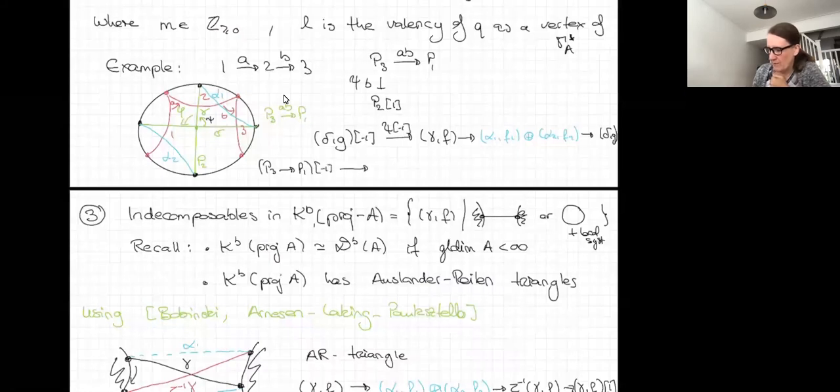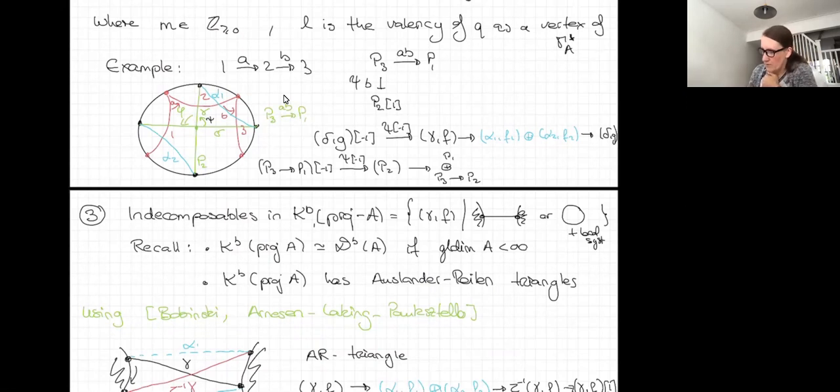Then you get our map psi -1, which is given simply by b. Then we have the complex P2 concentrated in degree 0. Then we have P1 plus P3 to P2, which corresponds to alpha 1 and alpha 2. And then we have P3 to P1 here. And in fact, this is an AR triangle in the bounded derived category of the A3 quiver. Okay, so we can see that.